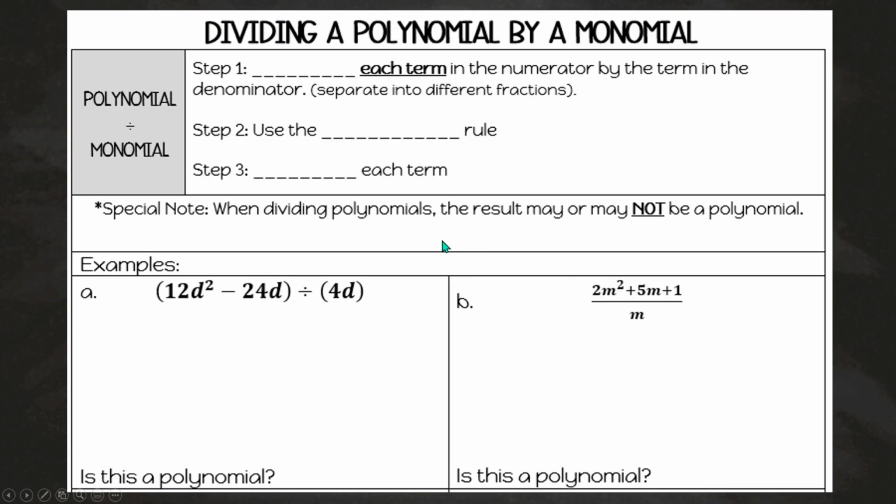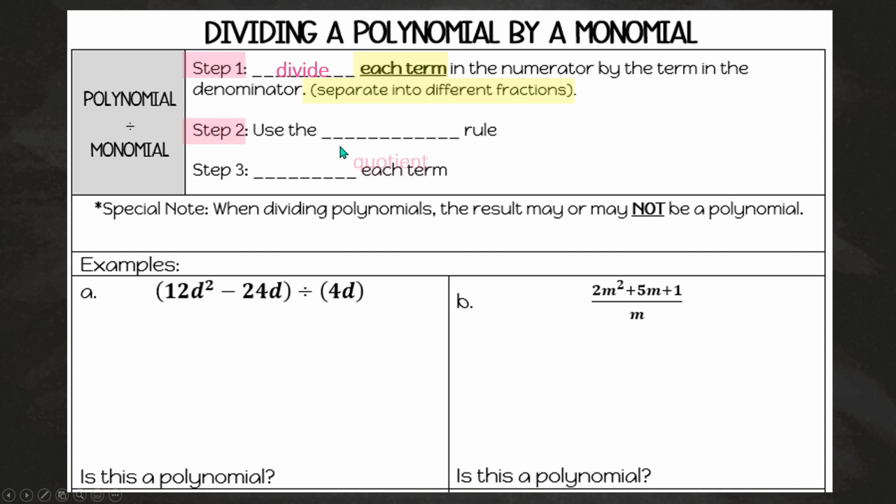All right. So dividing a polynomial by a monomial. Our first step is going to be to divide each term in the numerator, remember, the numerator is the top of the fraction, by the term in the denominator, the bottom of the fraction. So I recommend separating these into different fractions so that we don't forget we are dividing every term.